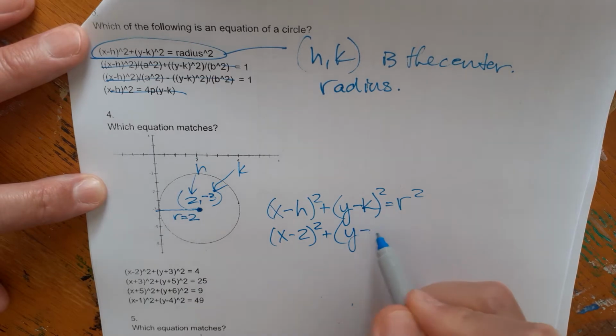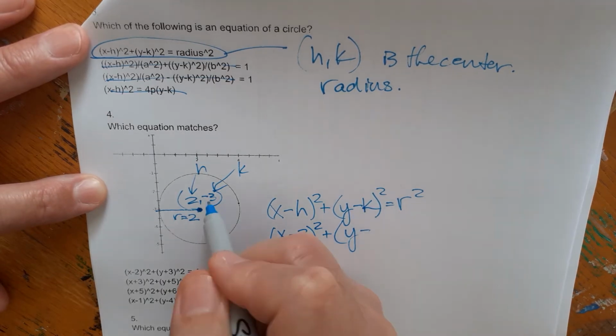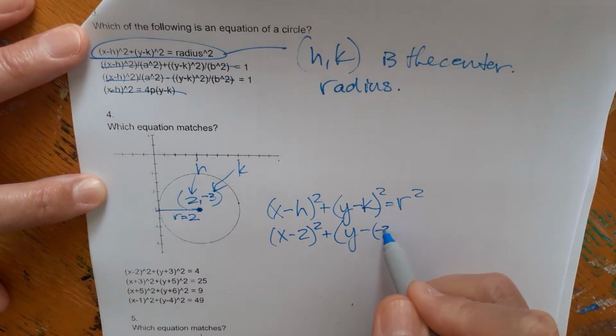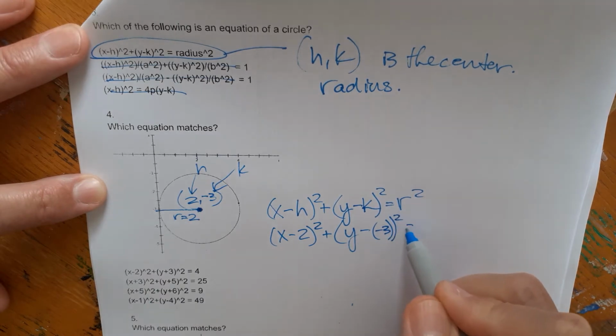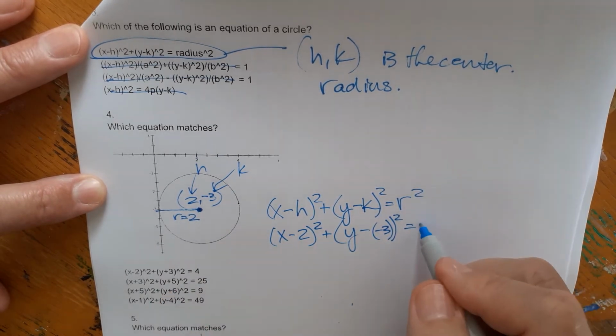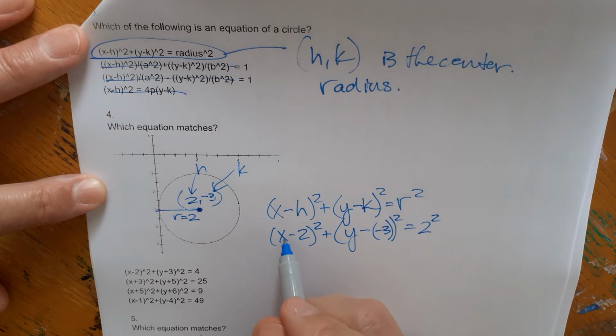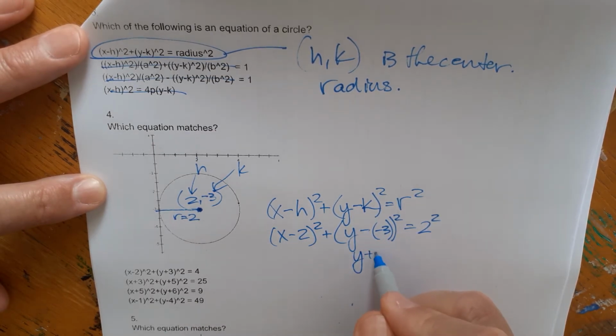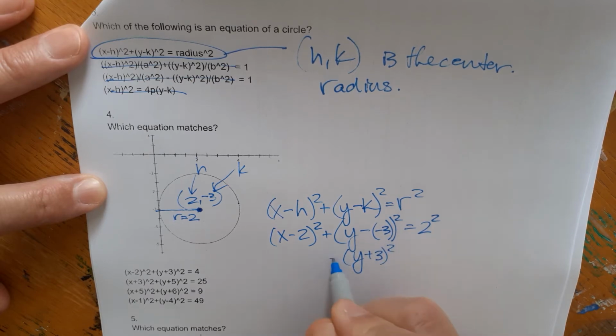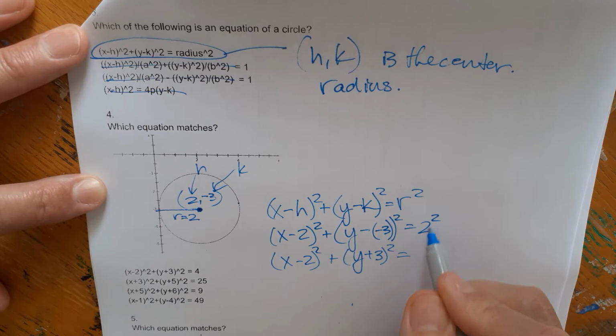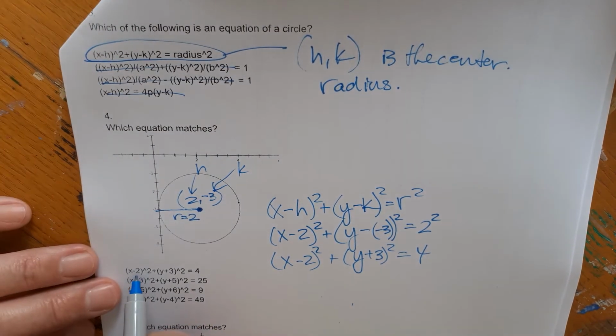Plus y minus. Minus is part of the formula. What's k? k is −3, so let's put that in parentheses. Squared equals, r in this case is 2. 2 squared. So (x − 2)², (y − (−3)), we could write this as (y + 3)², and make this 4. So what do we have here? (x − 2)² + (y + 3)² = 4.